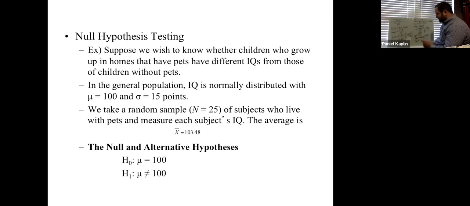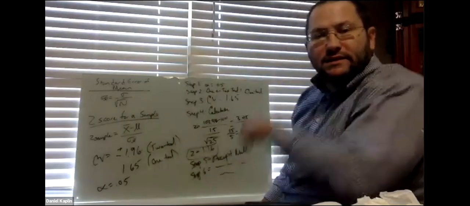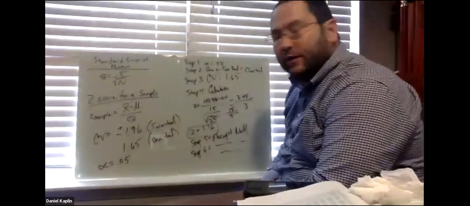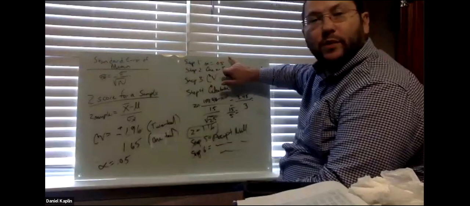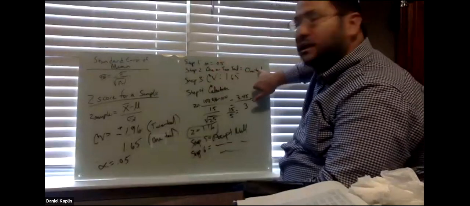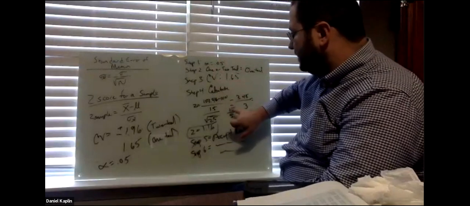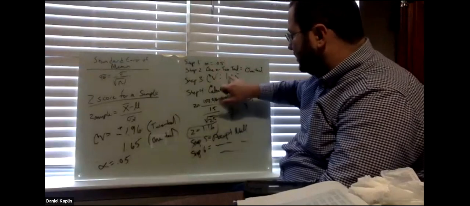So that is pretty much how we do it. And then I'm going to go back. I'm actually going to make the screen bigger. So let me stop my share for the time being so you could see what I did. I realize that sometimes when I'm not in full screen, you can't fully see me. So the alpha 0.05, one tail, critical value, calculated the z. We compare the two.